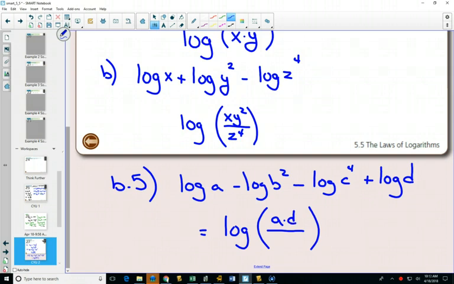The log b squared and the log c to the 4 are subtracted. They will be put together in my denominator.